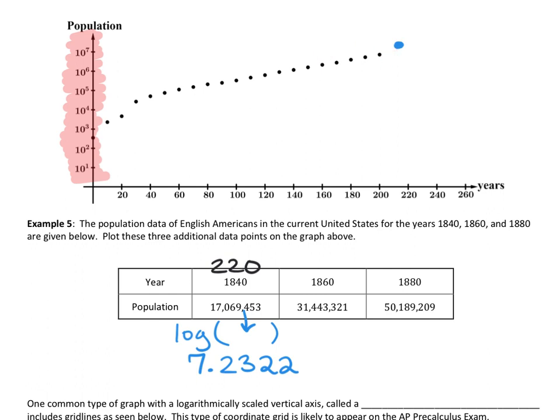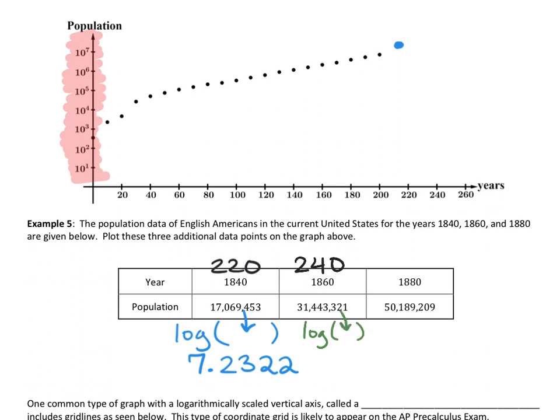Yes? Okay. What about the next one? If I wanted to plot 31,443,321 for 1860, remember 1860 is 240 years after we started counting. We started counting in 1620 by this graph. We're going to take the log of this number, and we're going to plot that point.